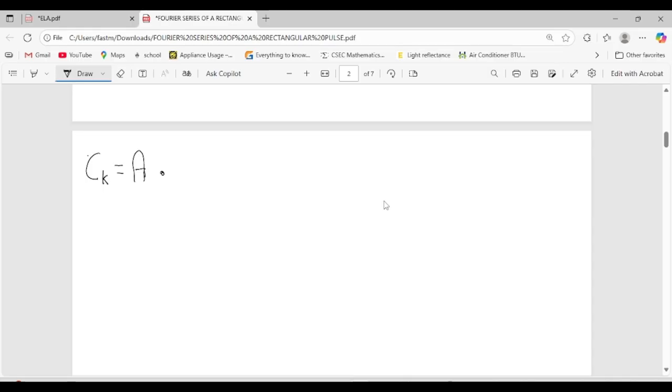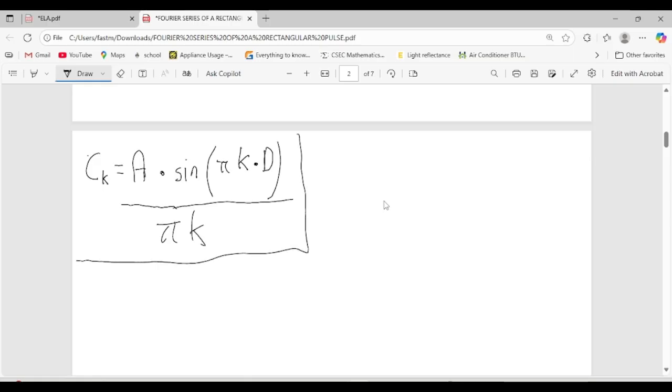So A multiplied by sine, open brackets, pi k multiplied by something called D, which we'll get to just now, and the whole thing all over pi k. Okay, so let us break this equation down a bit.